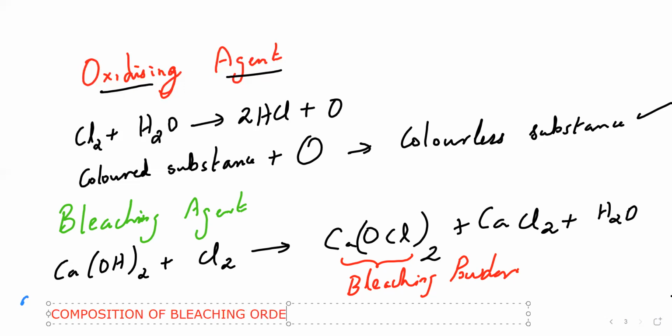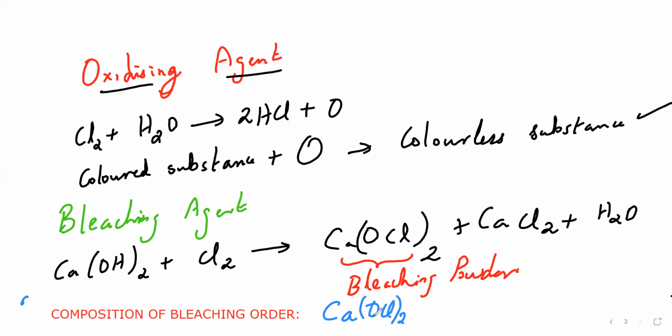You don't put plus. Instead of plus, I'll put dot. Ca(OCl)2 dot CaCl2 dot H2O. To balance this, I'll put 2H2O. So this is my composition of bleaching powder.